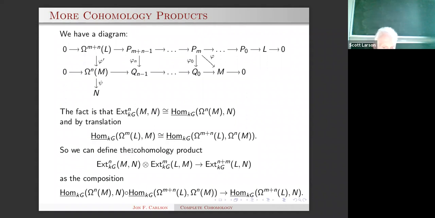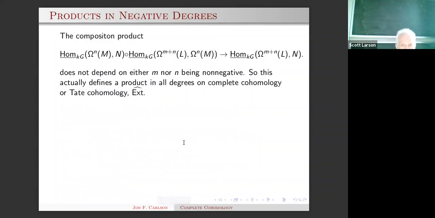And so actually we can define the cohomology product as the composition of these two, which is what we're doing here. I'm just taking the composition of these two. Okay. So we get this composition, and that defines, as I say, this cohomology product.